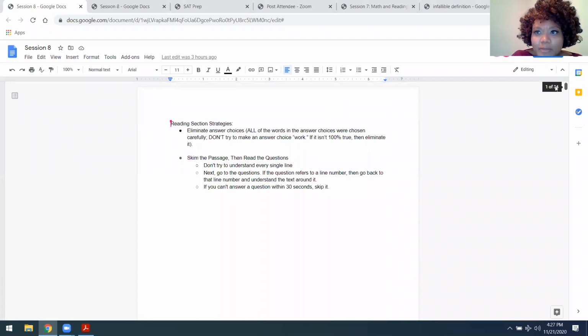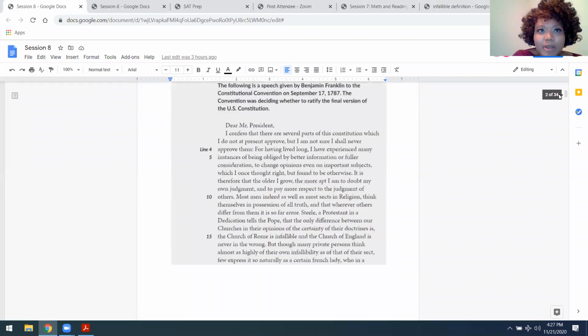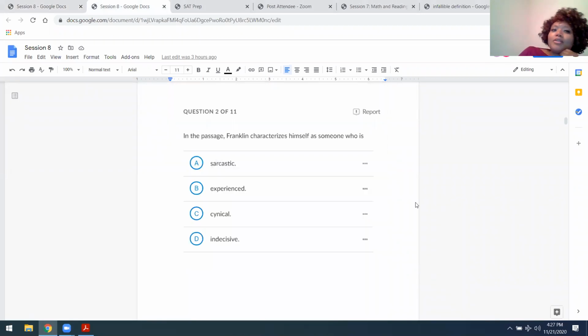So otherwise, he's speaking about what he thinks of the Constitution, which is that it is imperfect and that people are going to think it's imperfect and not agree. Excuse me.